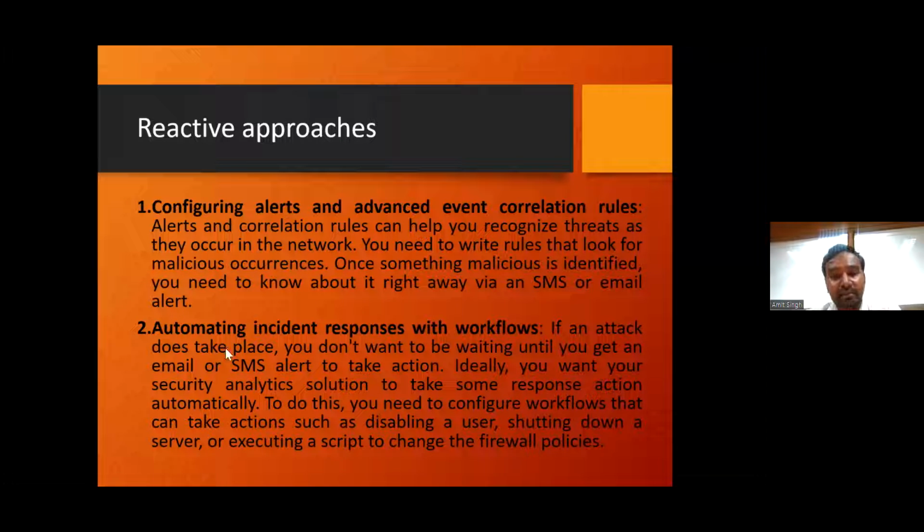For example, if you know that this country, this IP, is continuously sending some data to my server, you can have a policy so that any connection coming from that country is blocked. Similarly, you can define rules and automatic responses whenever attacks similar to that happen.